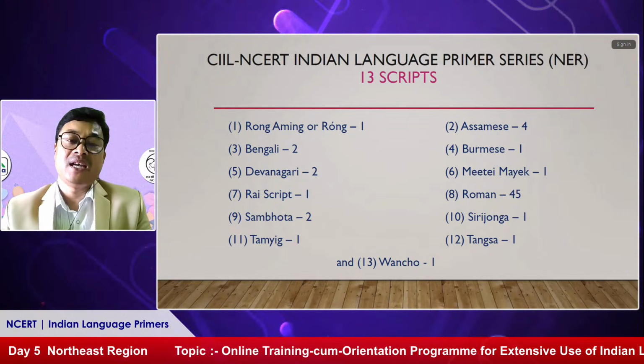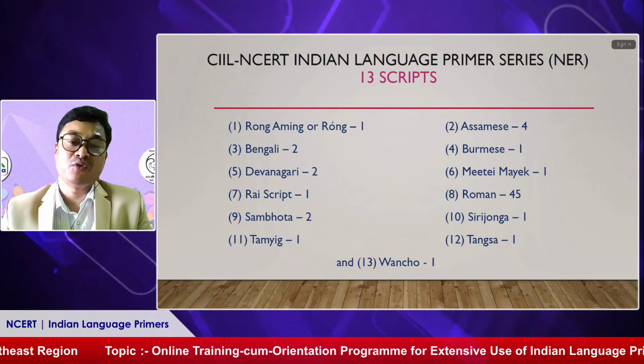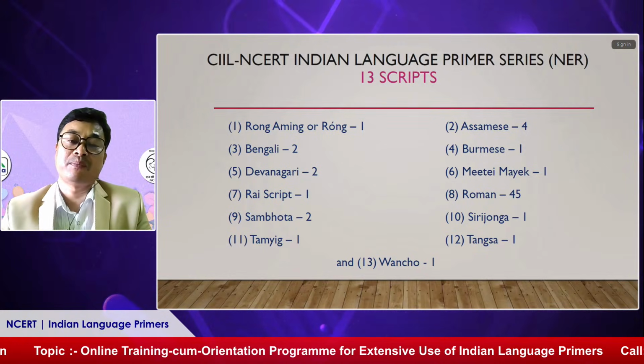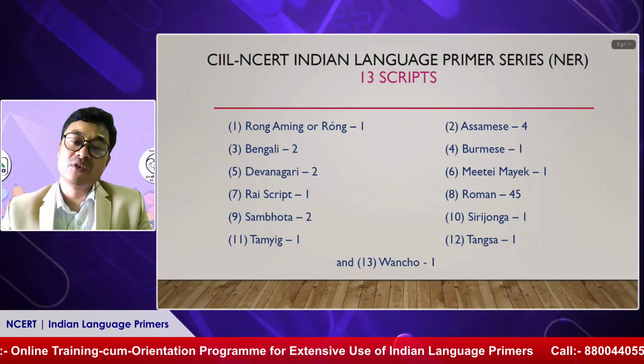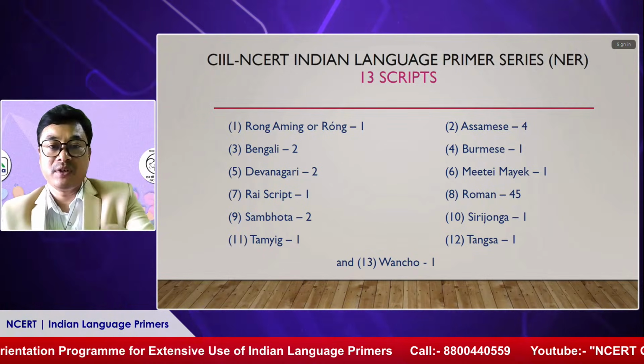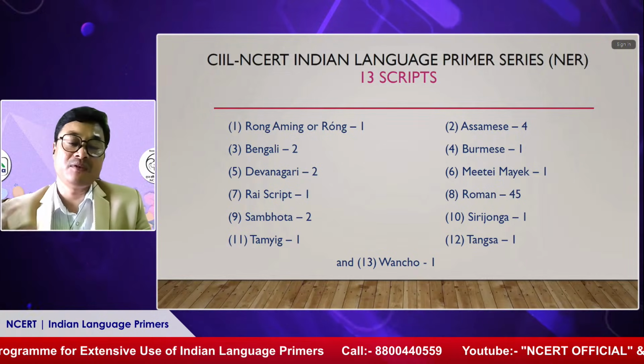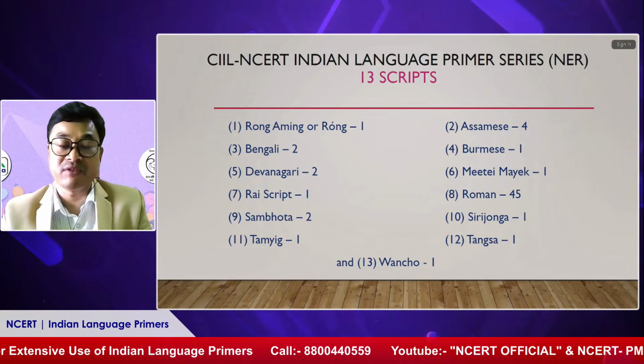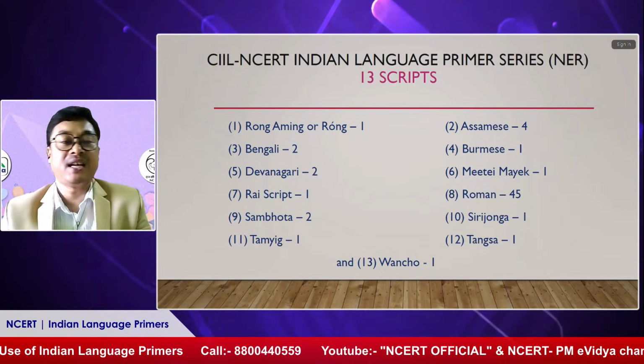But in practice, we have produced the Kokborok primer with Bengali script. Here I can show you that 13 scripts are used in writing these 63 languages from Northeast India.